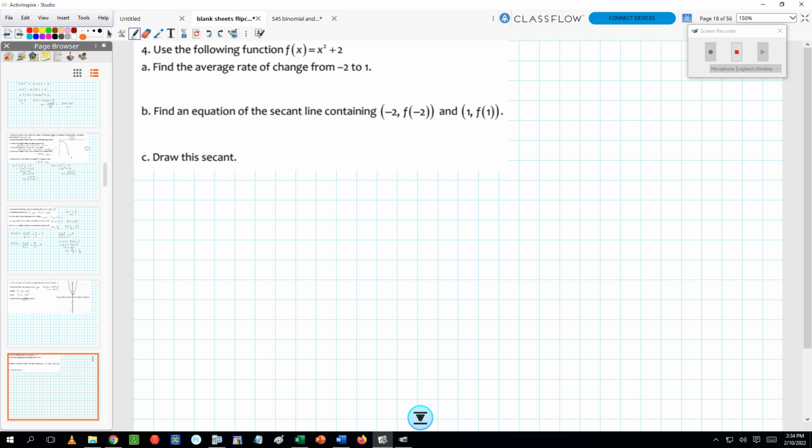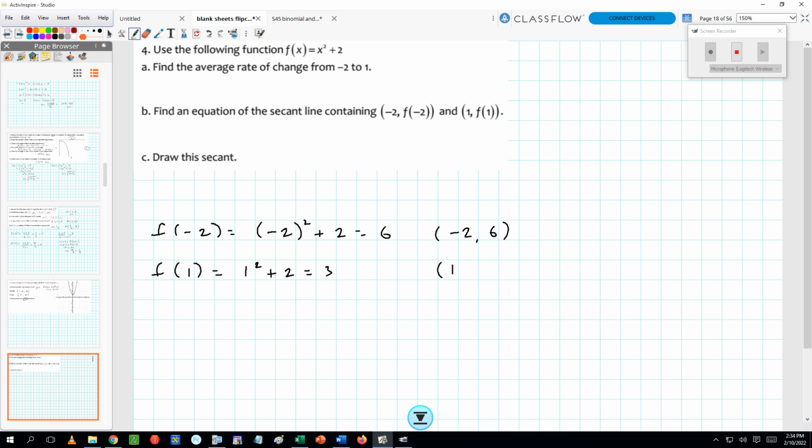Use the following function, the one I just did. Find the average rate of change from -2 to 1. So we'll need to figure out our points. So we'll figure out the -2. -2 squared is 4. 4 and 2 make a 6. So we have the point -2, 6, and 1. 1 squared plus 2 is 3.